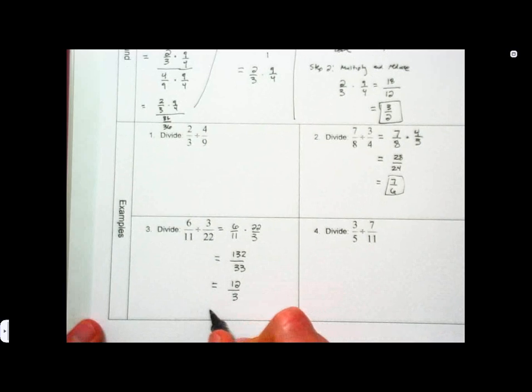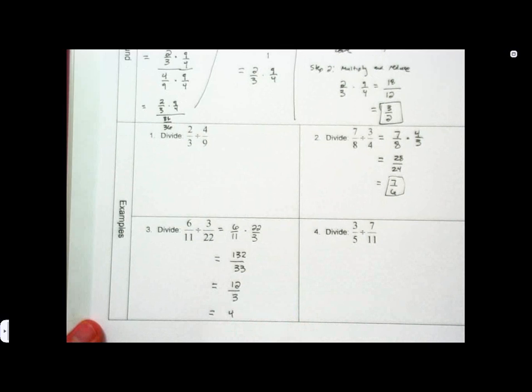And actually, I can see that I'm going to be able to divide top and bottom by 11. That's going to yield 12 over 3. And in fact, I can even go further than this. If I divide top and bottom by 3, I'm going to get an answer of 4. Okay, 4 over 1, but I don't need to write the over 1.